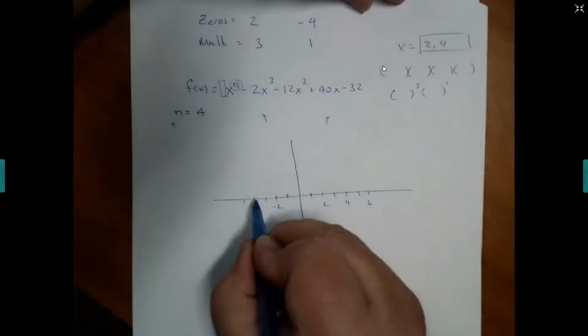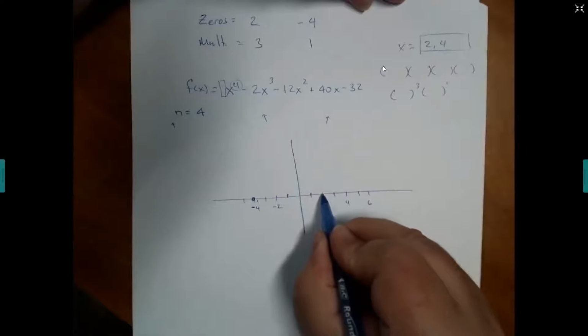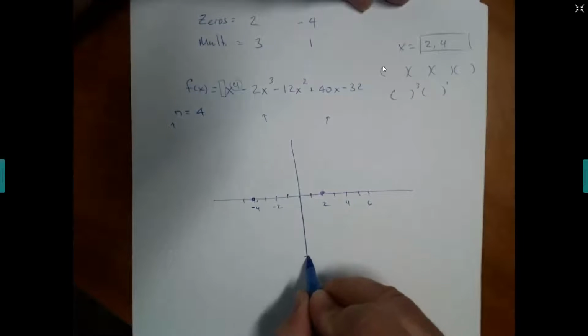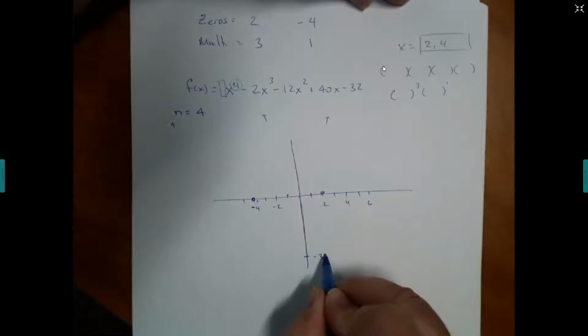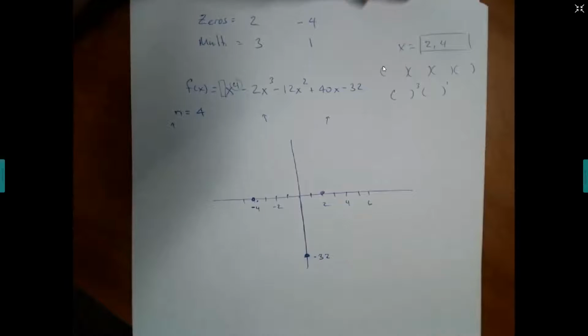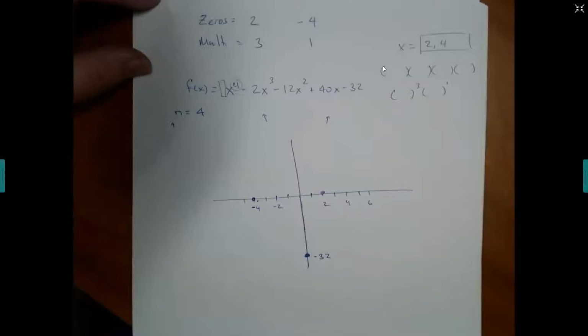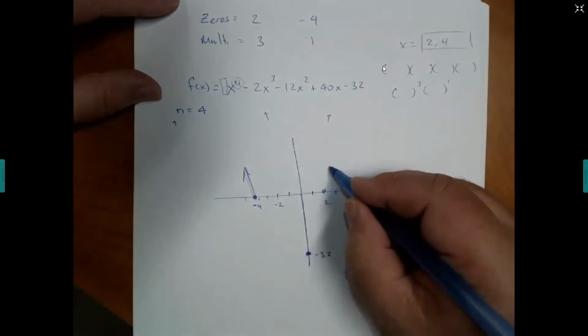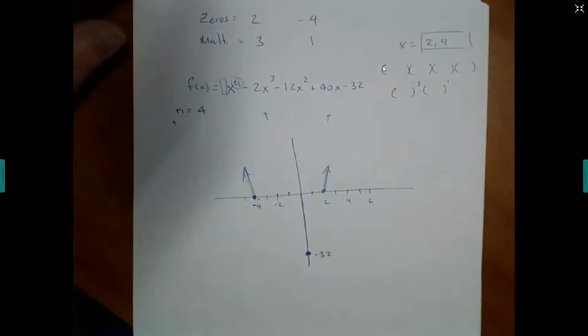So we have our x-intercepts at negative 4 and 2. We have our y-intercept at negative 32. We know that at the end behavior, they have to point the same direction.